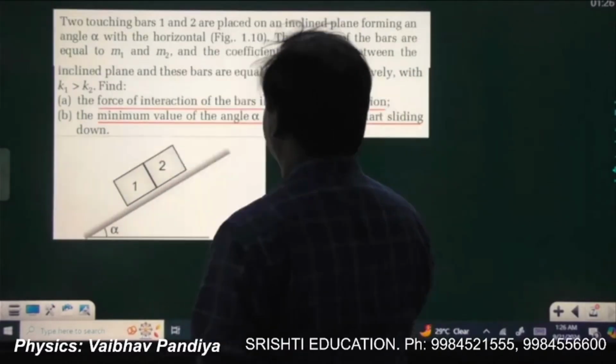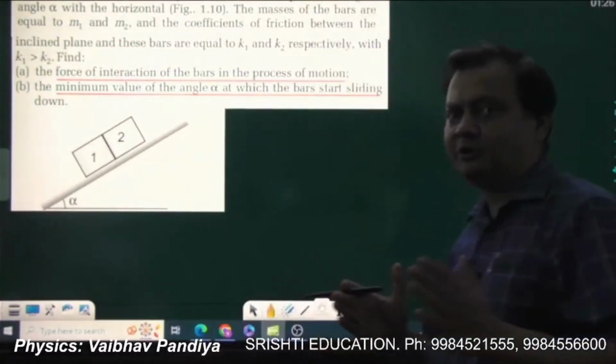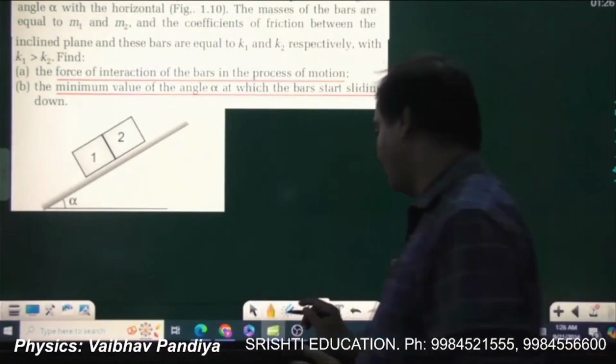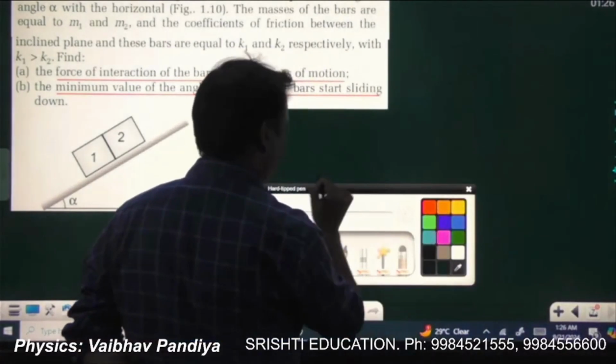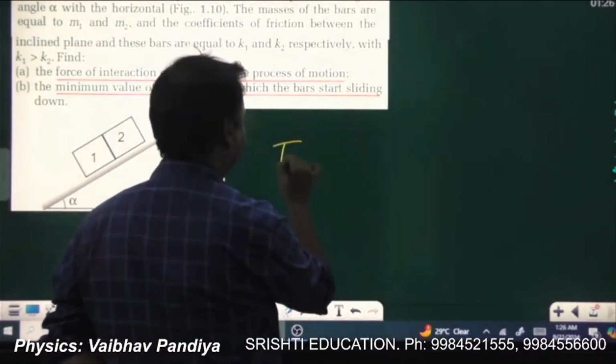Now, let us recap a little bit of the fundamentals which we covered in Newton's law, when a block is sliding down a rough inclined surface.